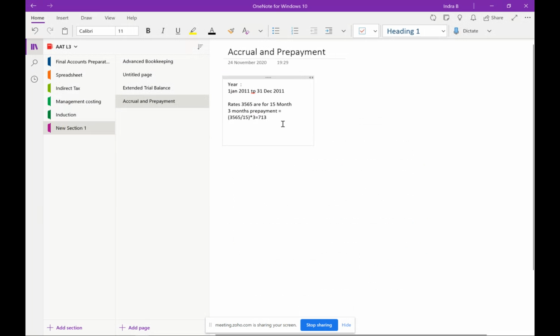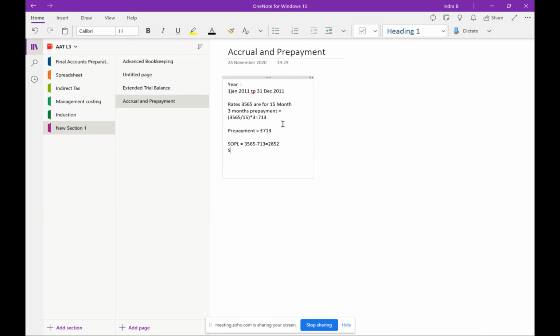Okay. And what is this? The prepayment. We paid for 15 months. So in the P&L account, SOPL, which is statement of profit or loss, we will show the figure 3565 minus 713. So it is additionally paid.